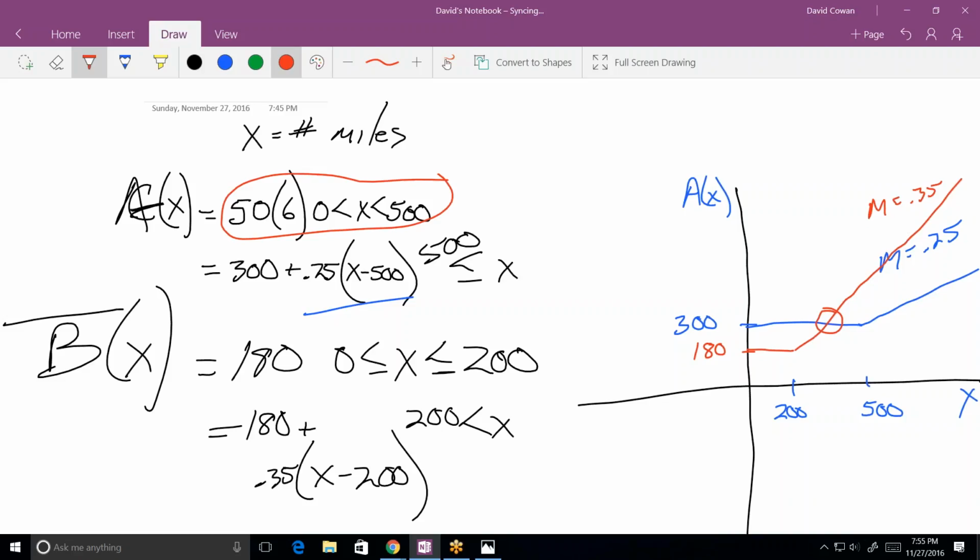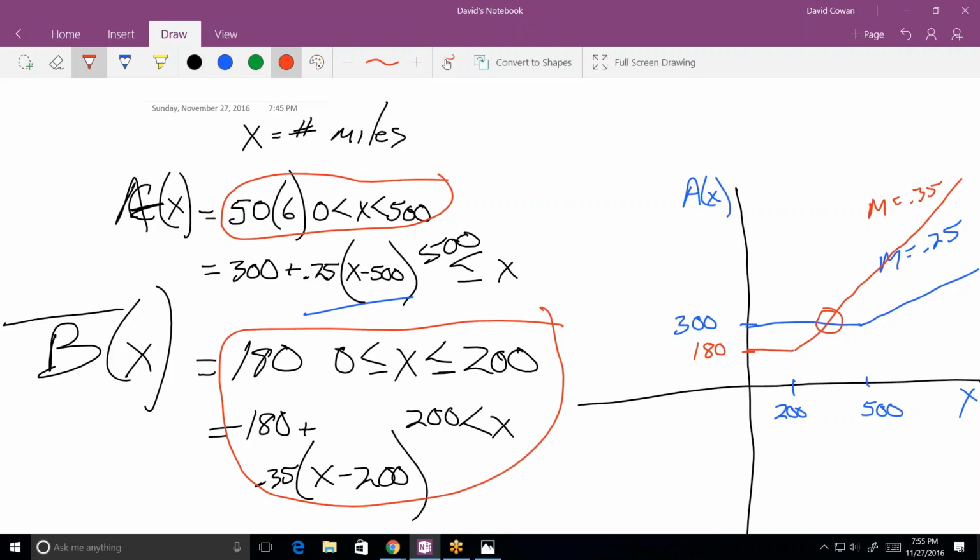I know my cost of plan A is 300 bucks up to 500 miles. So we have to figure out where the cost of B is equal to 300 bucks. Well, it's clearly when x is over 200, right?